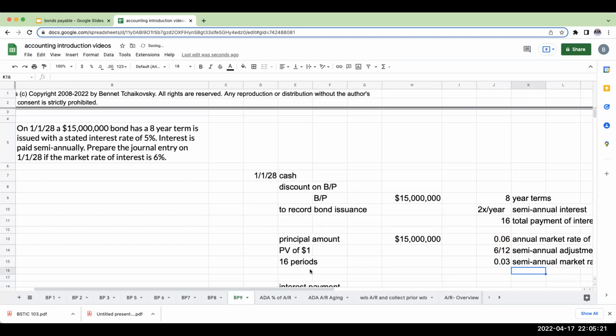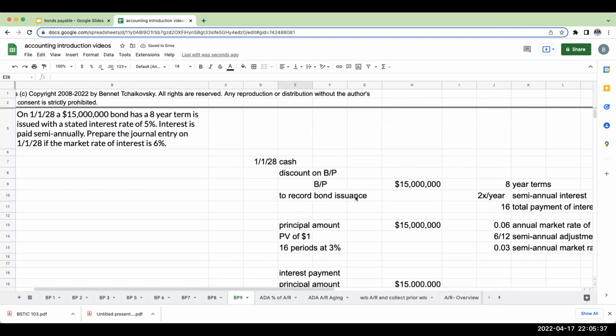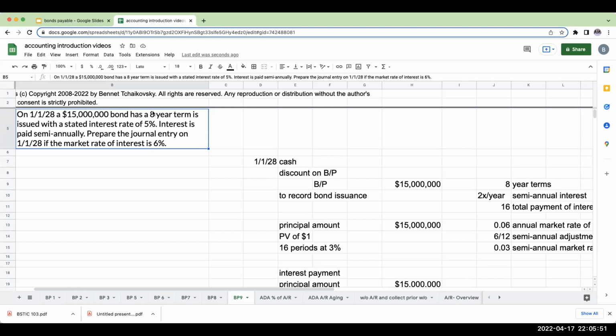So this is going to be 16 periods at 3%. This is also going to be 16 periods at 3%. Most important thing, and this is where I always see students get messed up: if it's annual, you don't change anything, you would use 8 and 6, but because it's semi-annual, you're going to use 16 and 3.